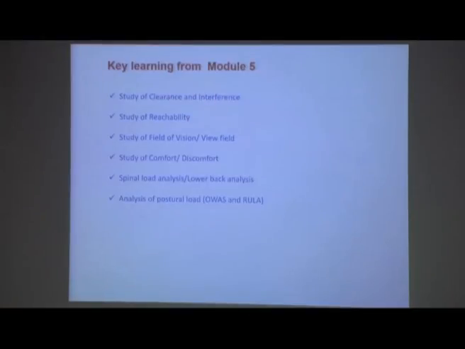Here we discussed head clearance, leg clearance, thigh clearance, lateral clearance, and we explained the theoretical background. At the same time, we demonstrated with JACK or CATIA software how a software tool can be used for evaluating clearance and interference.